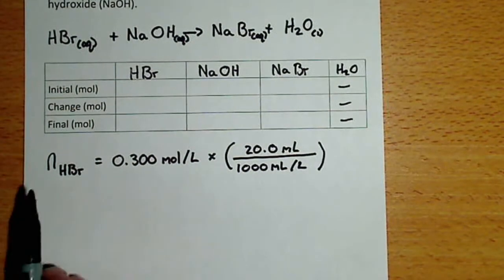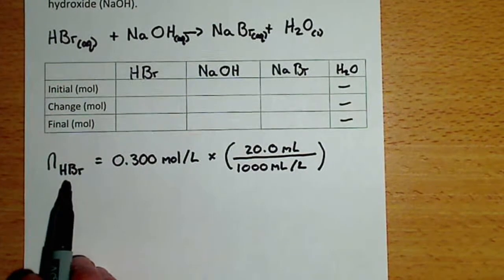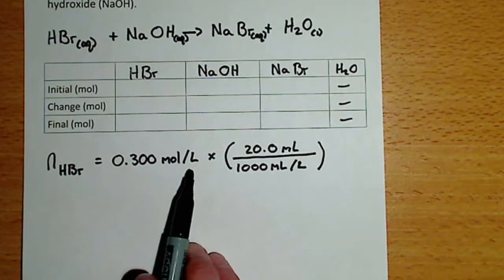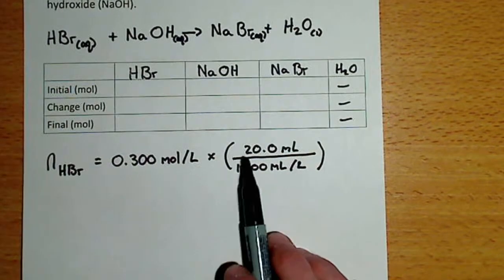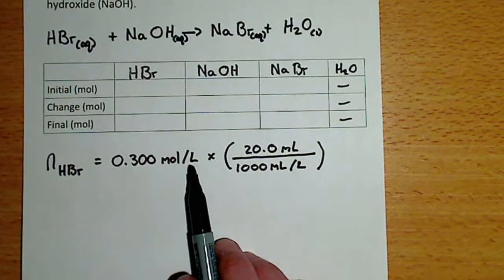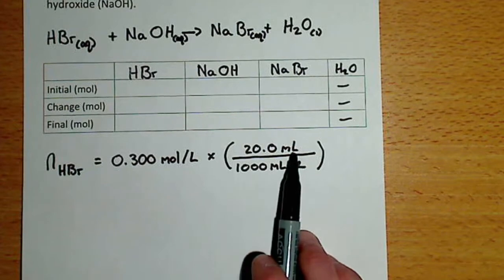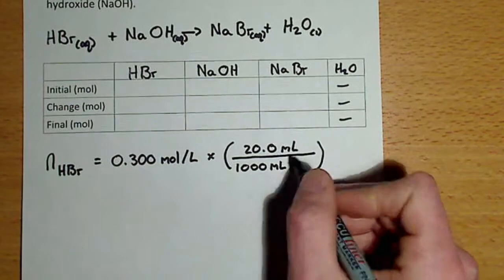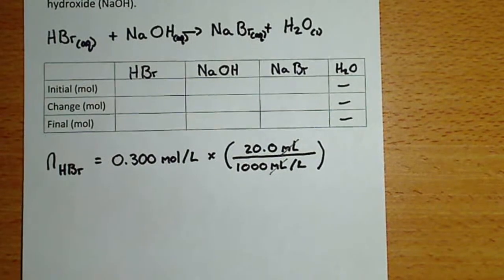So you can see N represents moles of the hydrobromic acid, and I'm multiplying my initial concentration in moles per liter times my initial volume. However, my initial volume was provided in milliliters, and my concentration is in moles per liter. So I'll need to convert to liters by dividing the milliliters by 1,000 milliliters per liter. This way, milliliters cancel, and we're left with a volume in liters.